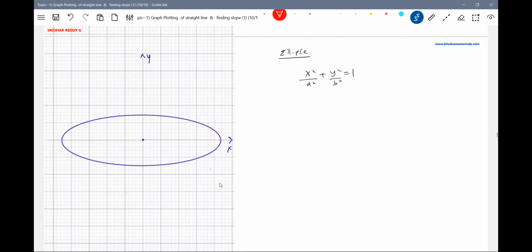So this will be the major axis, we'll call it. This is the minor axis. So what do you mean by major axis? The distance PP1 will be the major axis.